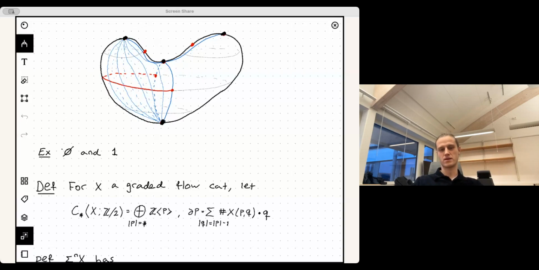But in good cases, you can produce a flow category. But there it's not the case that you can argue about any ambient space. These PDEs live inside some huge infinite dimensional manifold, but that manifold doesn't have the correct homotopy type. That's not the homotopy type you want to study.